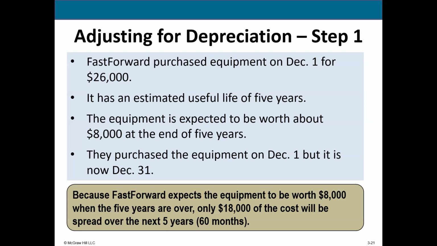Now, here's the thing. Because I bought this vehicle during the year, I need to recognize the depreciation expense for the month of December, since December is the last month of the year. So instead of dividing by 5, which would be the amount per year, I'm going to divide by 60 months, which is 5 years.